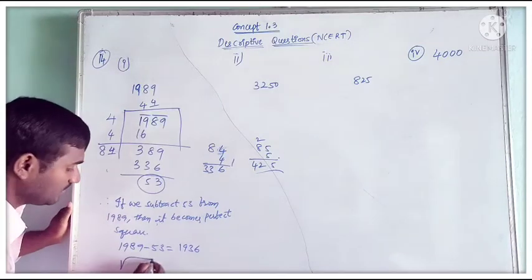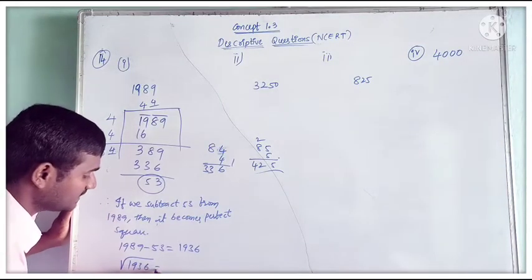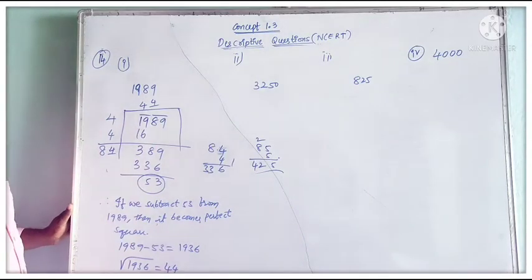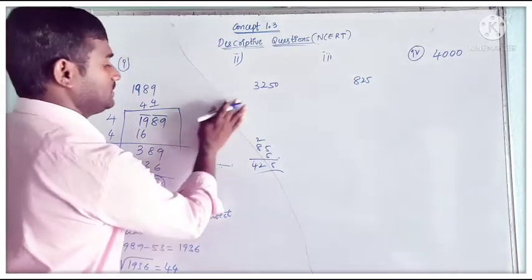The square root of 1936 equals 44. That is the number we obtained. Likewise we are going to simplify.